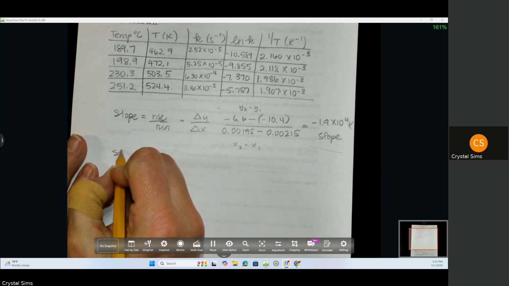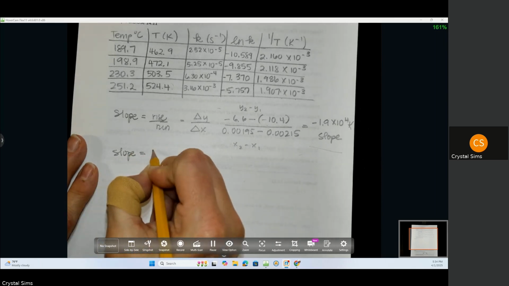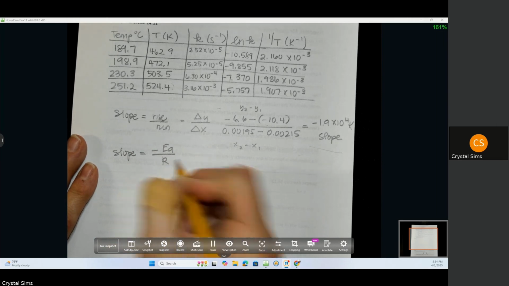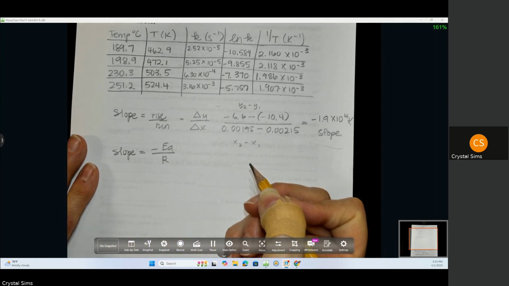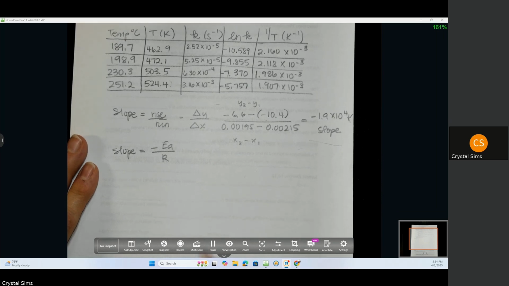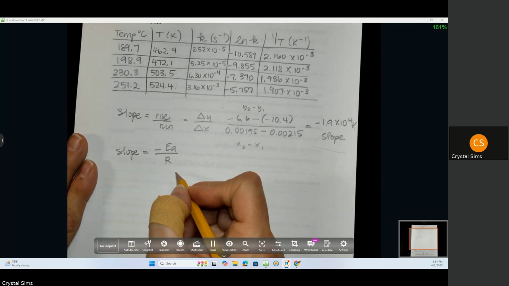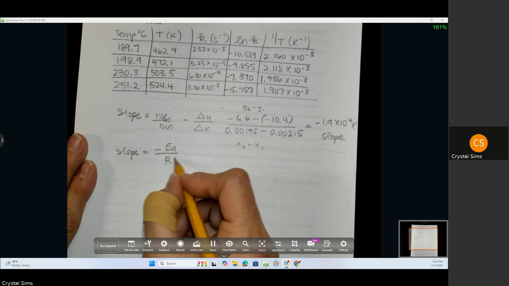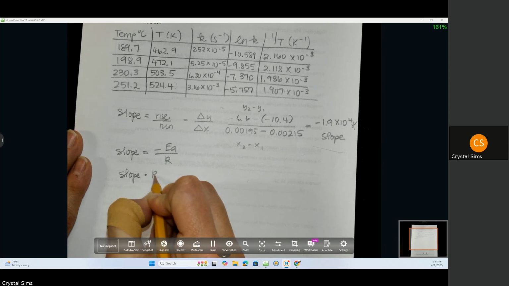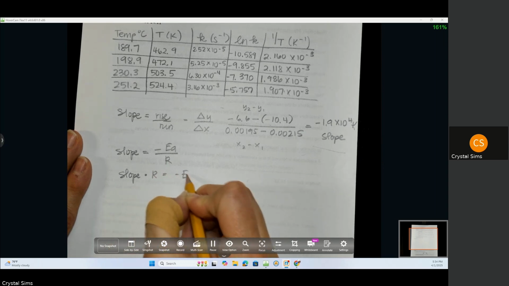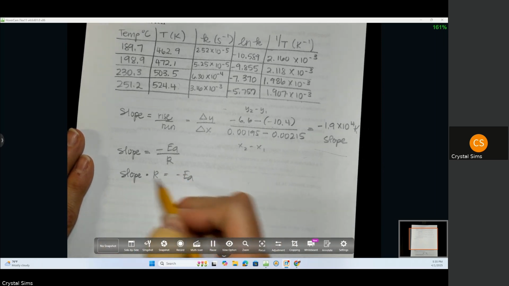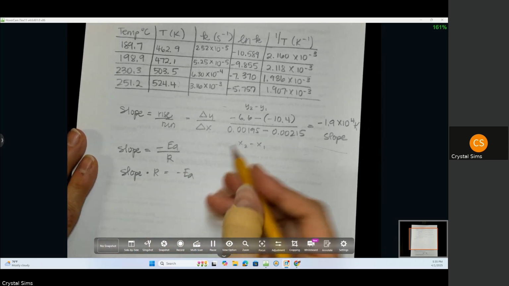Now, slope is equal to negative EA, which is our activation energy, divided by R, which is our gas constant. So if we multiply to get the activation energy by itself, we'll say slope times R is equal to negative EA. We can just reverse that sign.